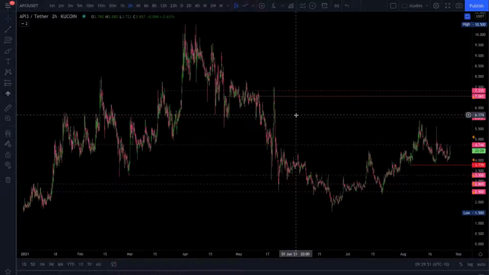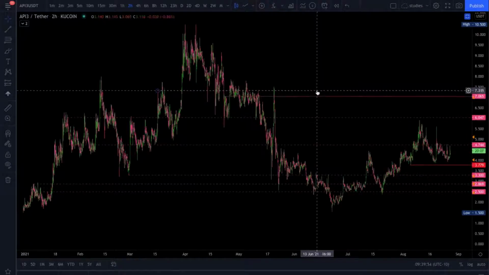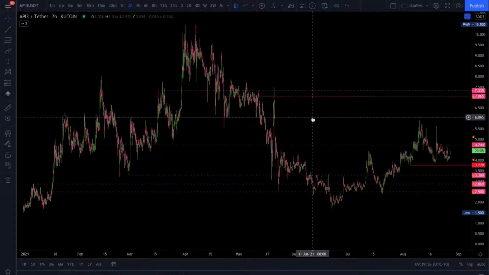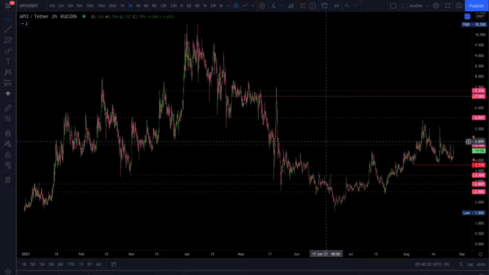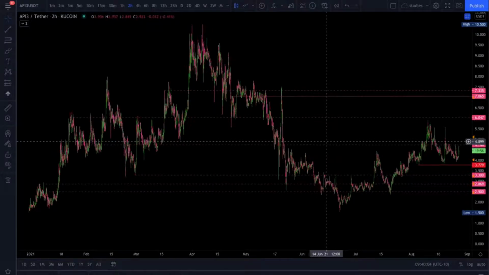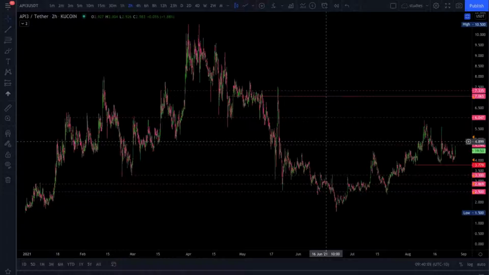Not all of these lines here are areas of support and resistance. Some of these I've marked as areas where we have fib clustering or confluence across some Fibonacci retracements and trend-based extensions, and I'll show you those shortly.